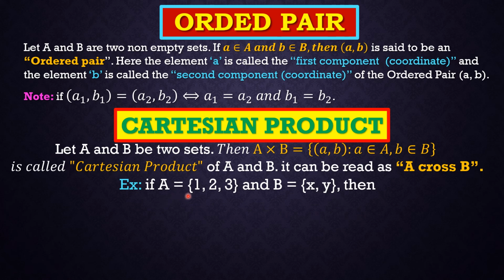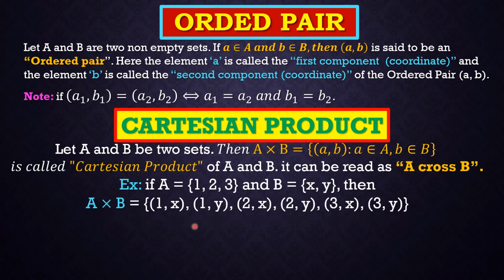If the set capital A equals {1, 2, 3} and the set capital B equals {x, y}, then A cross B equals the ordered pairs related to the given sets A and B. The first element in the first set is 1, which is related in the set B with both elements, that is (1, x) and (1, y).